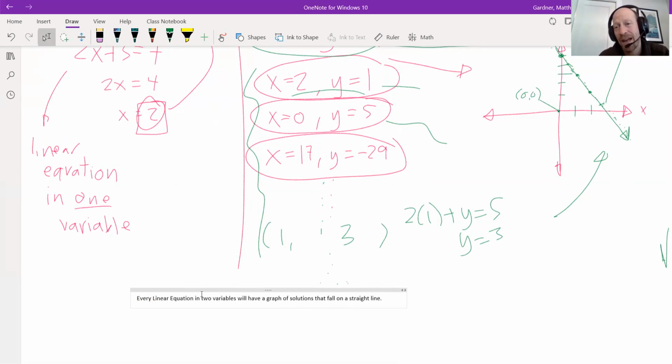So that's a fact, and we can use that, and that's super helpful, right? Because otherwise I wouldn't know what kind of line or curve to draw. And it turns out there's lots of other curves and equations out there.